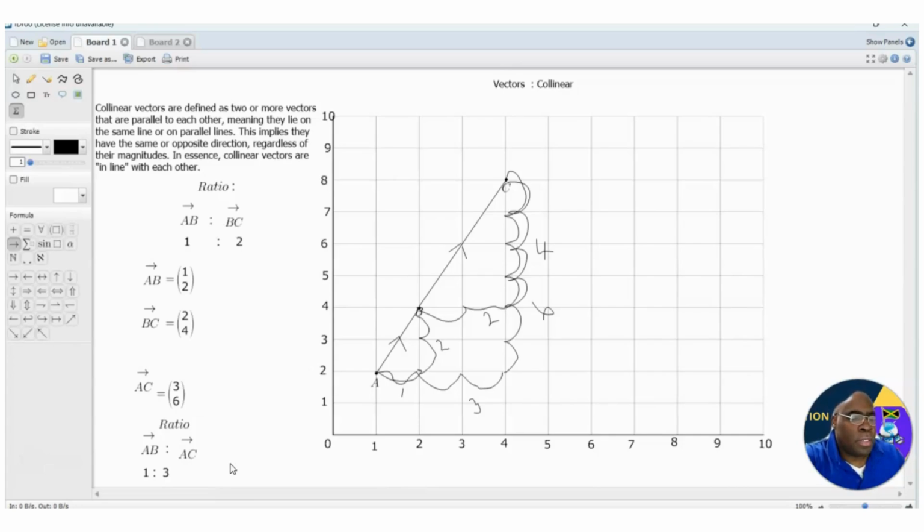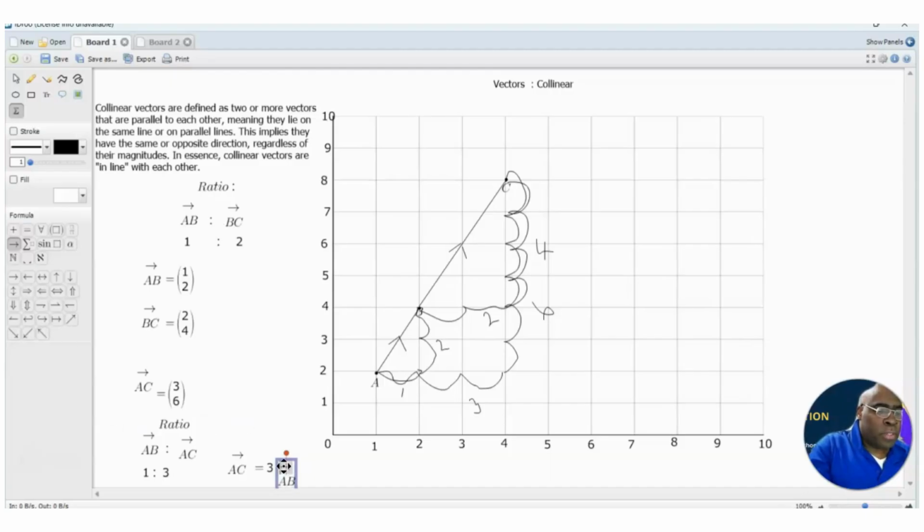So this is how you write the collinearity statement, in vector language: AC is equal to 3AB.